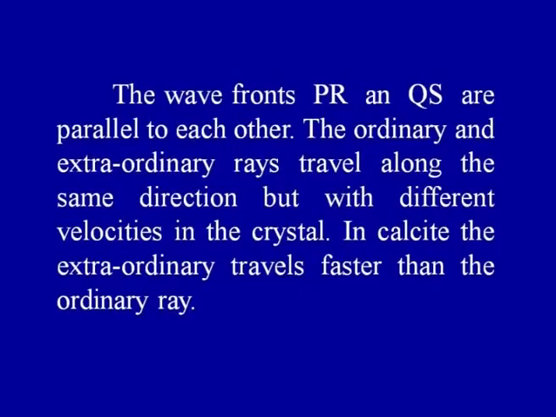They have been described earlier. We follow the same construction here. The wavefronts PR and QS are parallel to each other. The ordinary and extraordinary rays travel along the same direction, but with different velocities in the crystal.